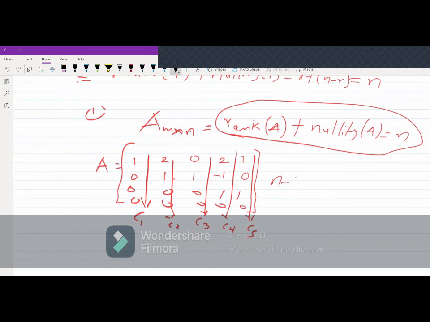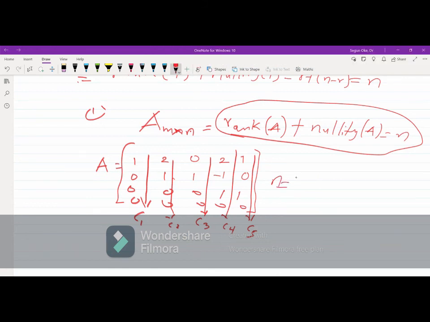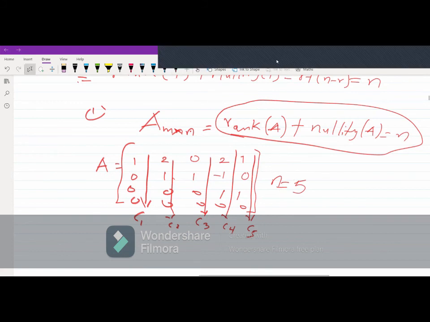It's 4 by 5. The dimension we are talking about is the column. How many columns? 5. So it's 5.